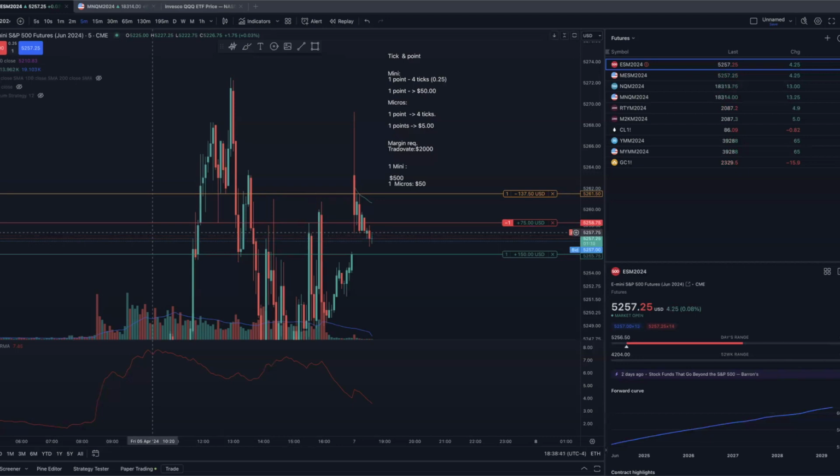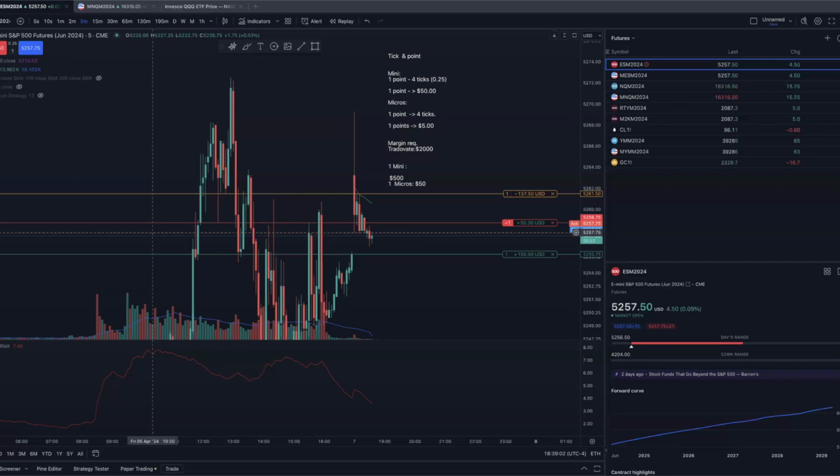You can only find these ticker symbols on TradingView, and you cannot find them if you're using Webull to trade, because I don't think it'll be available over there. From the last time I checked, maybe they're bringing in futures trading on Webull, so maybe you can find it right now. But these two are the ticker symbols for S&P 500 futures.